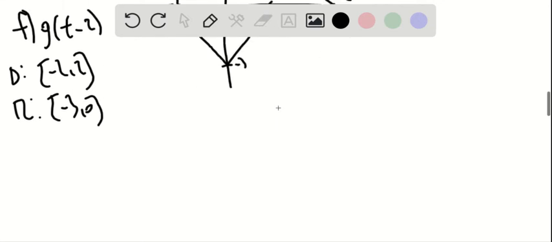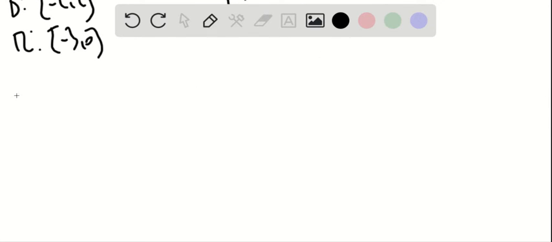Okay, on to part G. In part G, we have the function g of 1 minus t.